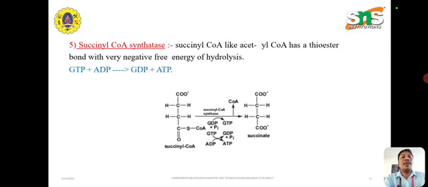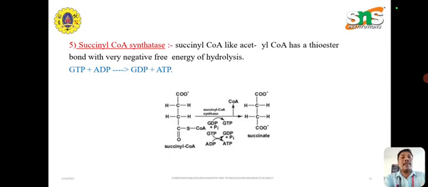Then fifth step, succinyl coenzyme A synthetase. Succinyl coenzyme A, like acetyl coenzyme A, has a thioester bond with a very negative free energy of hydrolysis. That is GDP plus ATP is formed from GTP plus ADP. TP indicates a triphosphate, DP indicates a diphosphate.